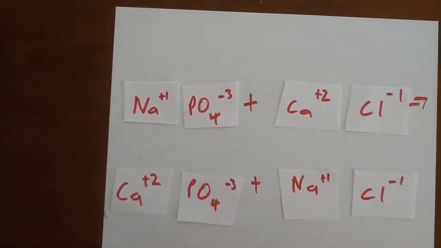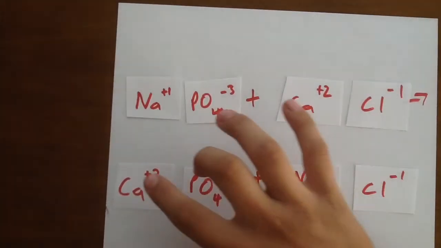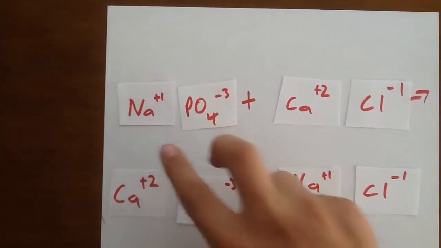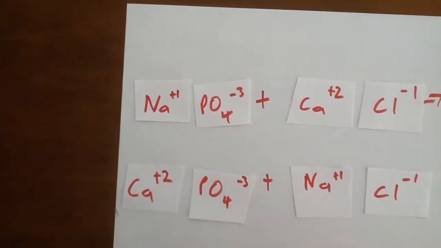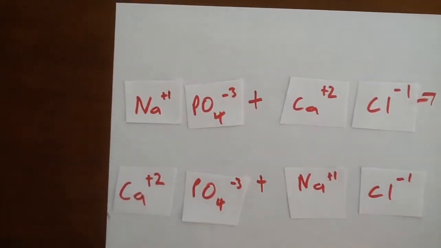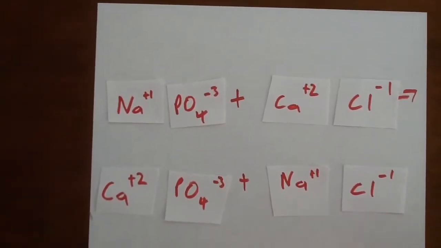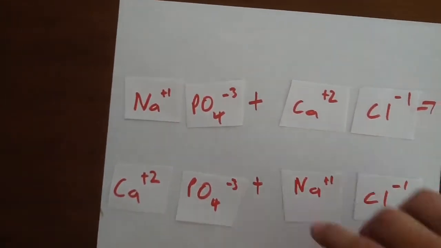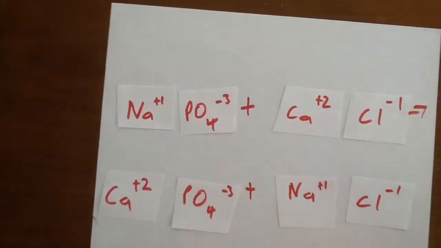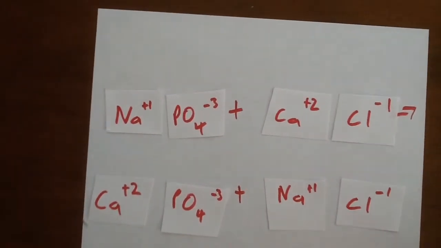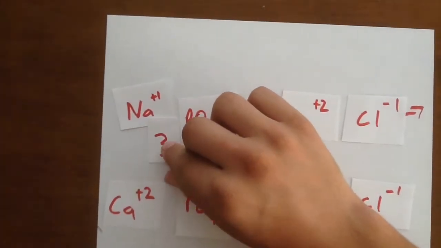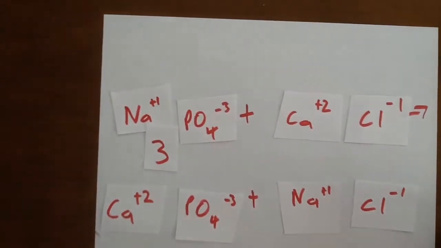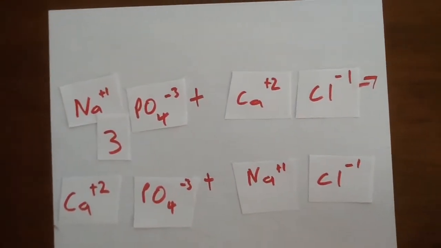So in order to balance them, these two need to equal 0. In order to do that, you need to find the least common multiple, and in this case, since Na is 1, the least common multiple will be the other one. So the least common multiple is 3. So you need to put a subscript of 3 on Na in order to balance that one.